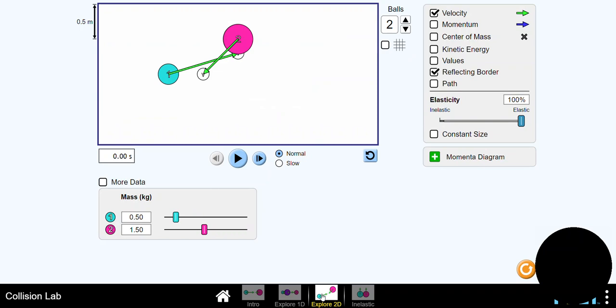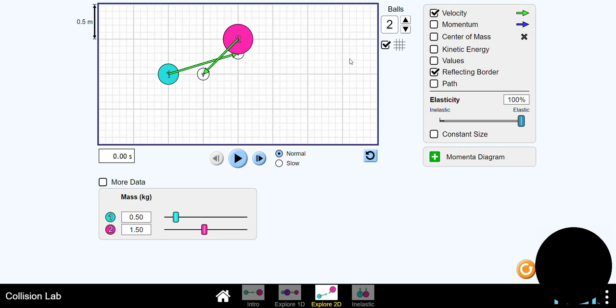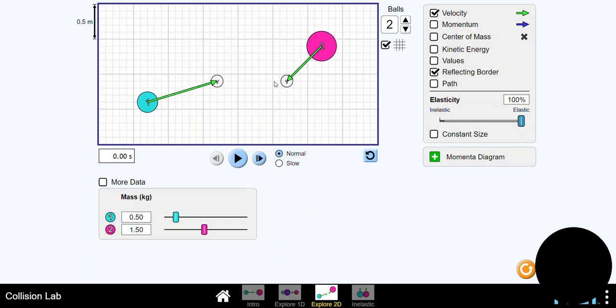You can also explore two dimensions. Now when you are working in two dimensions, you can modify the directions of the vector velocities, and of course you can modify the masses also.